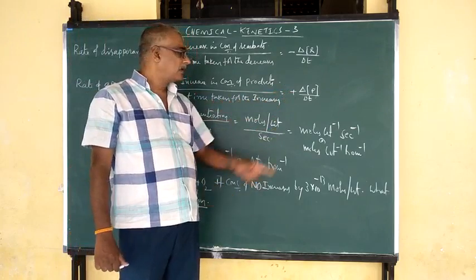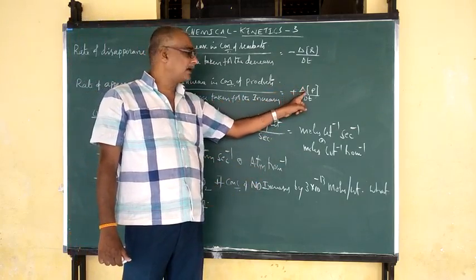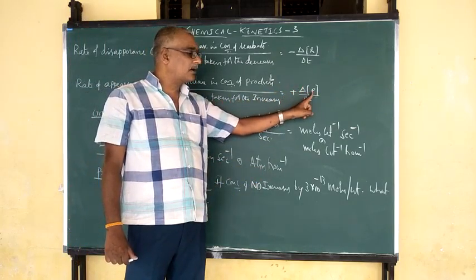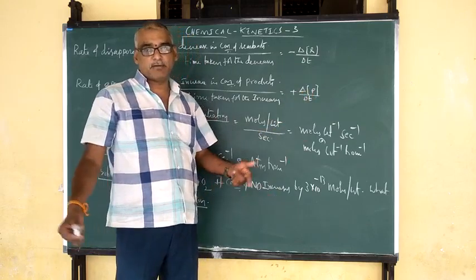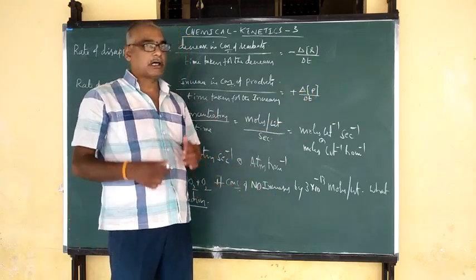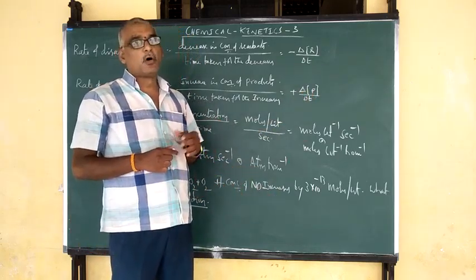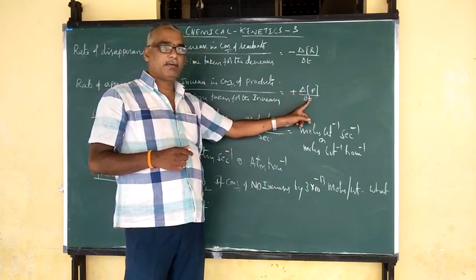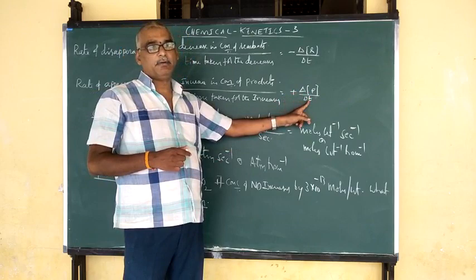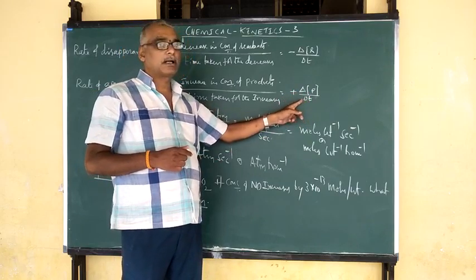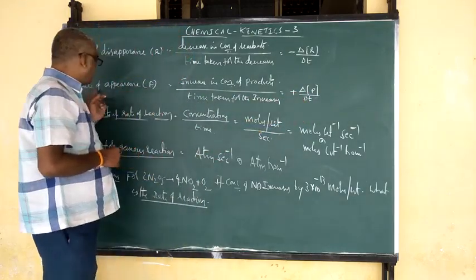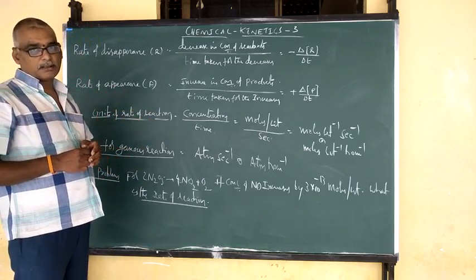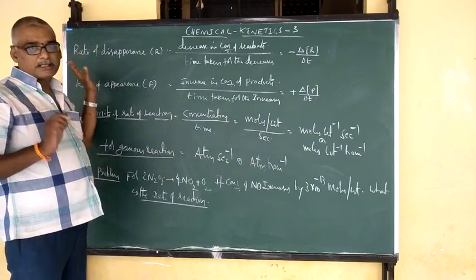Positive sign. So delta concentration of P in square brackets, as I told you yesterday, concentration means moles per liter, divided by delta t. This is the rate of appearance. Okay, now it is clear.